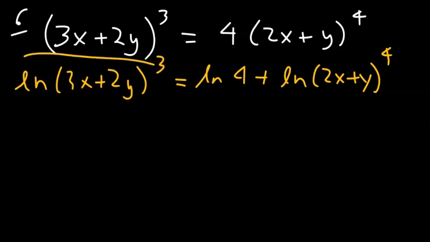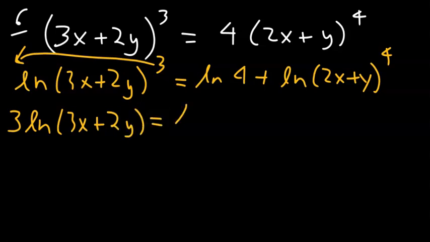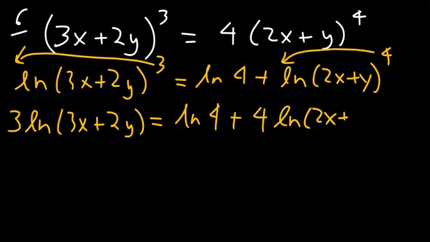Note that this 3 can be brought forward in front, and that gives you 3 natural log (3x plus 2y) equals natural log of 4 plus, you do the same to the power 4, so 4 natural log (2x plus y). Now let's start to differentiate with respect to x.